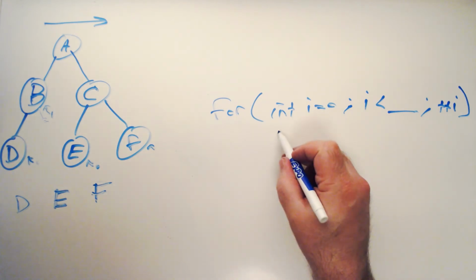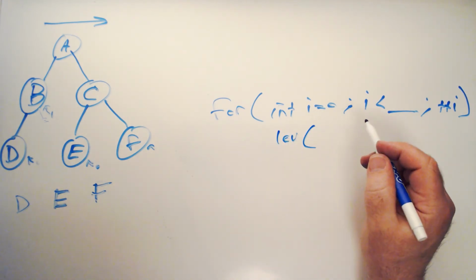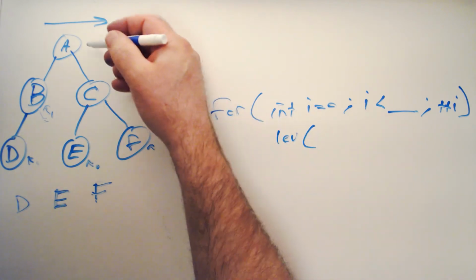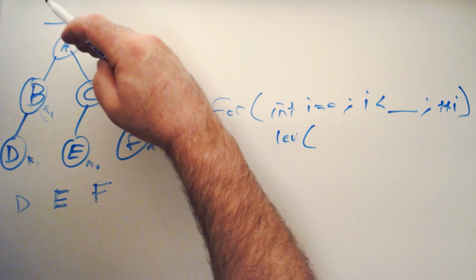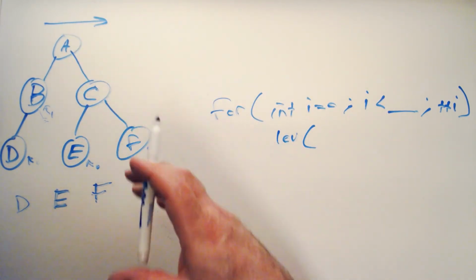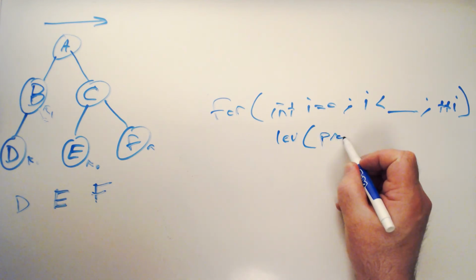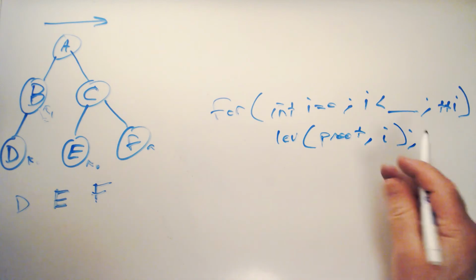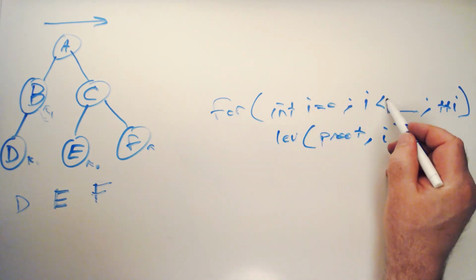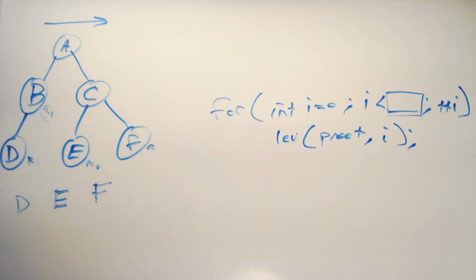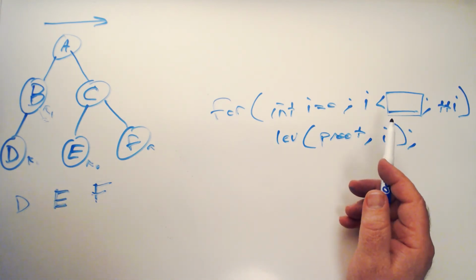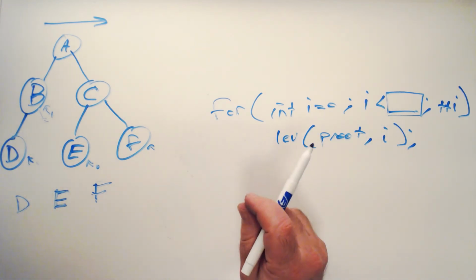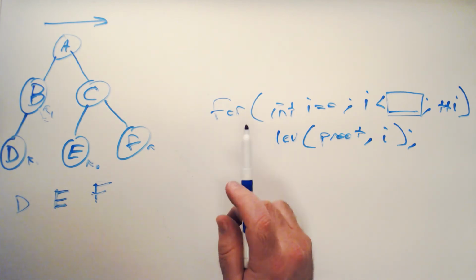All right, there's your Lev of what? Each time you call Lev, from the top level, to say first do the 0s, then do the 1s, then do the 2s, you're going to just pass it P root every time, right? And i. This will take care of it as long as you know what goes in there. Well, what does go in there? What goes in there is the height of your tree. And we just wrote a routine to calculate the height of the tree.